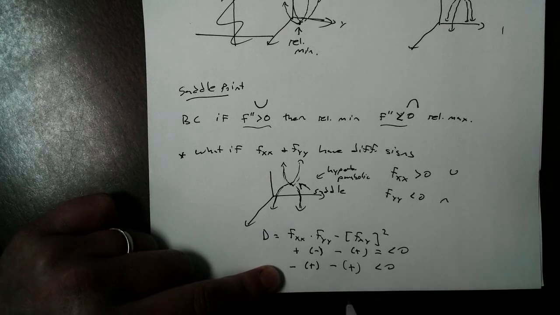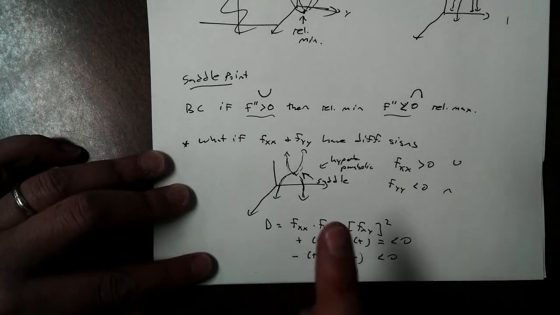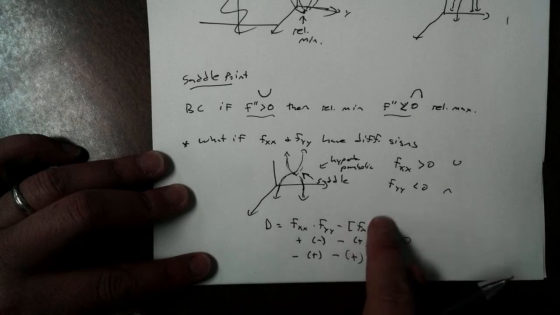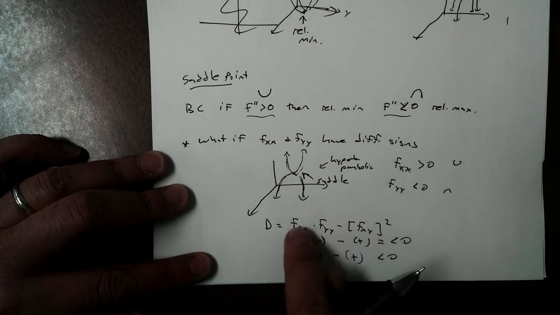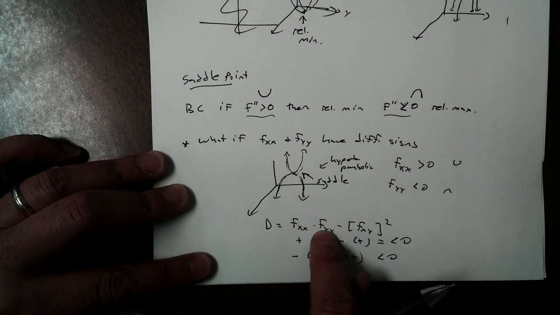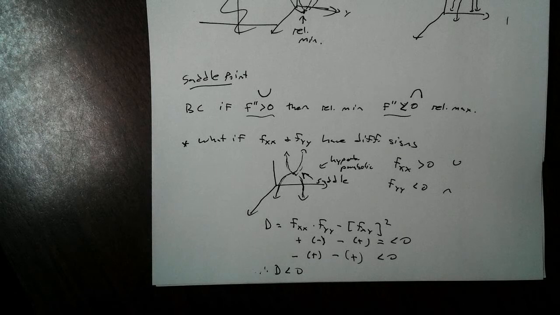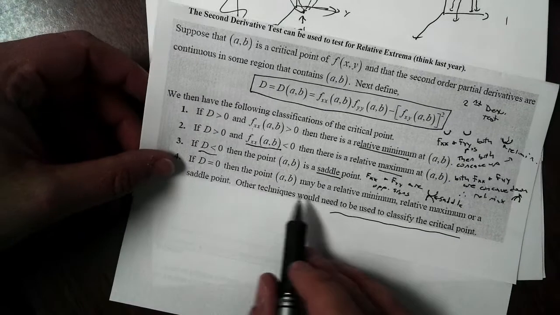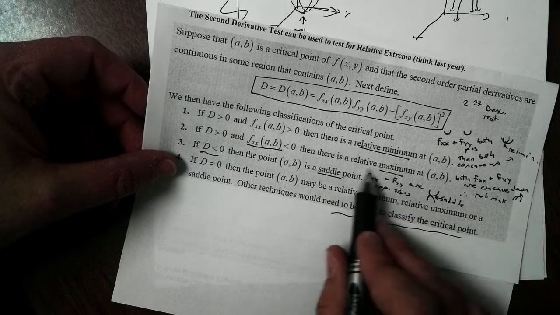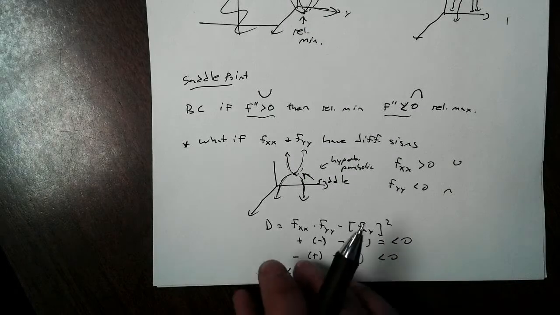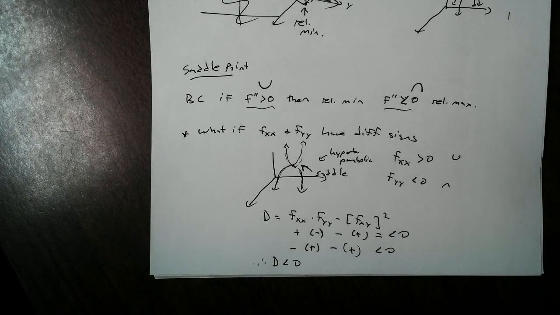That's also going to be less than 0. So in either case, it doesn't depend on fxy, it just depends on fxx and fyy. If they are opposite signs, d would be less than 0. And that's our rule right here. If d is less than 0, we have a saddle point.